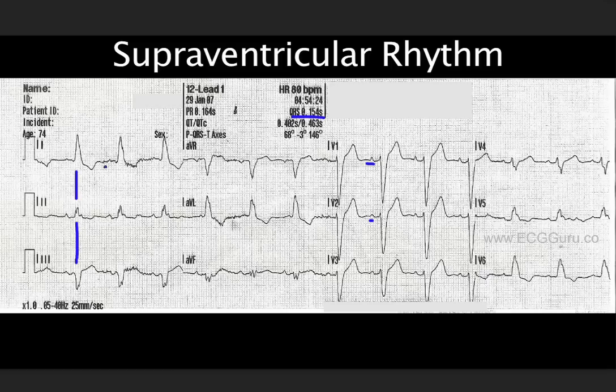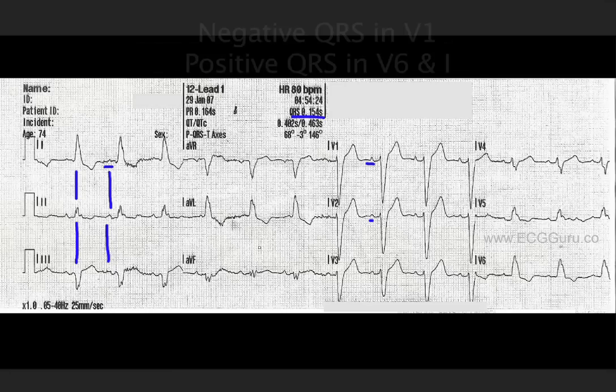So if you're having trouble seeing P waves, like right here where this artifact is, I don't see P waves too well. But if I look right below it, right down here, there's a P wave. And since that happened at the same moment in time, I know the patient has P waves. So don't be afraid to use your multiple leads. That's one of the values of 12 lead, is you can look all around, and some leads are better than others for looking at certain things. So look for your P waves. Now we know we've met criteria number 2.